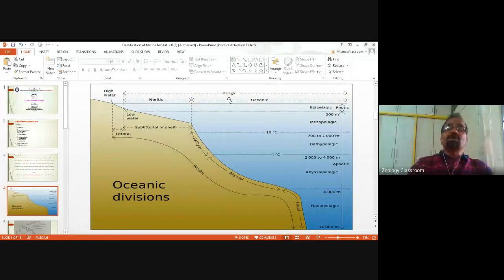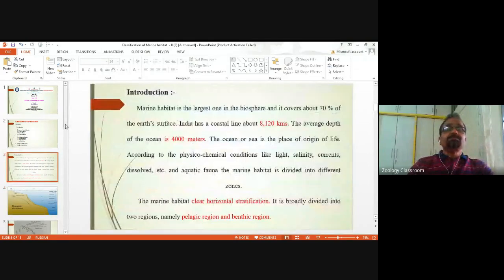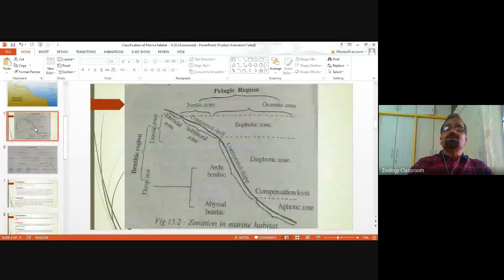First of all, we'll be discussing the pelagic. This is the schematic classification: the pelagic region, and this is the deep sea or benthic region. Entire this is the benthic region. As you go vertically deeper and deeper, the depth of this benthic region goes on increasing from the shore towards the deep sea.